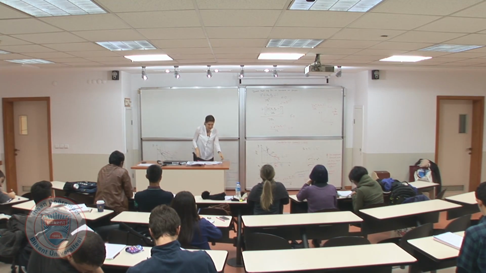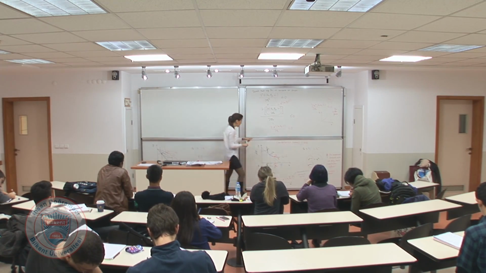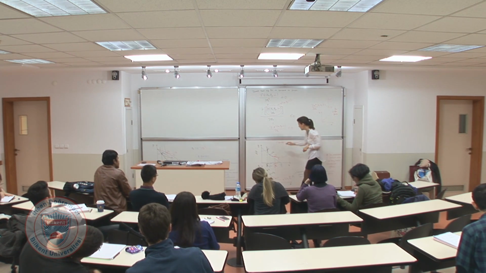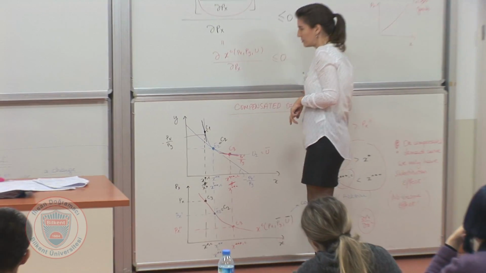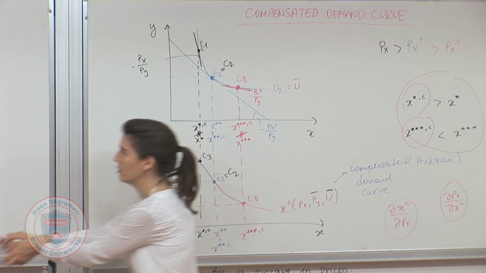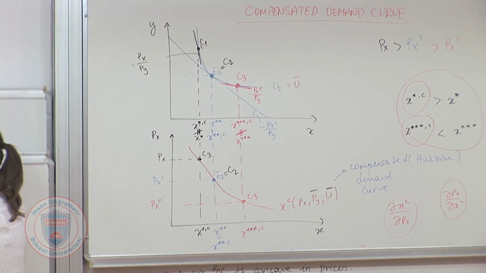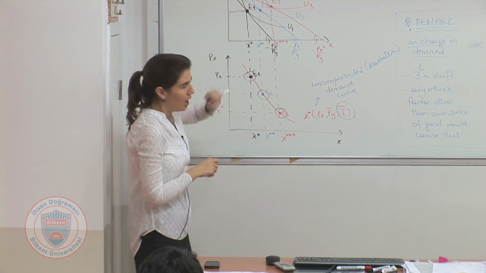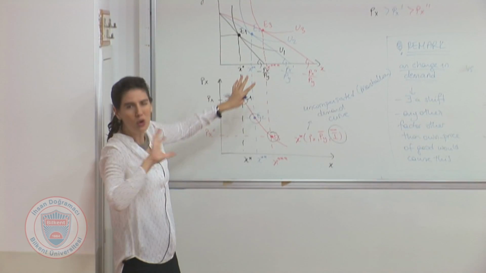Remember here we said that at this point, both in that one and in this one, I'll show you. In these, remember both of these cases. Here we have the uncompensated demand curve, the ordinary demand curve.